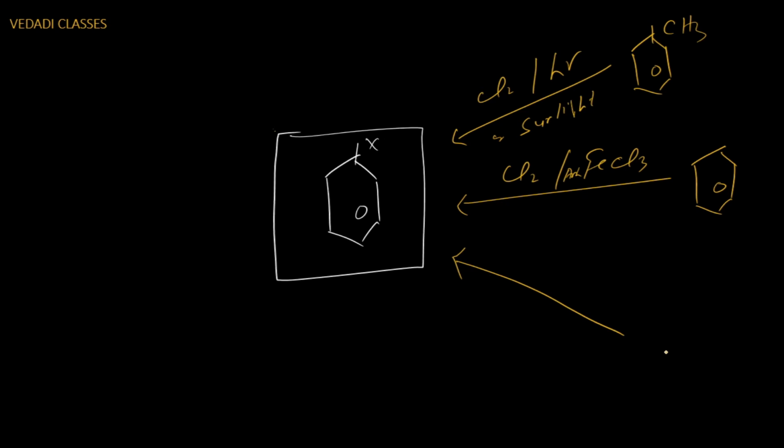Now the next one we have benzene diazonium chloride. When the benzene diazonium chloride reacts with Cu and HCl, or Cu and HBr, it will form the corresponding chlorobenzene or bromobenzene.